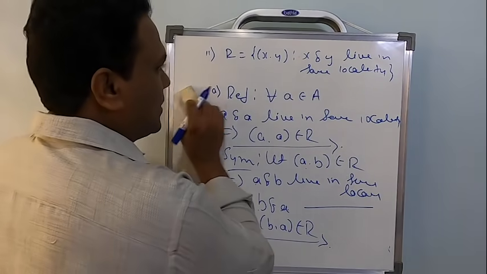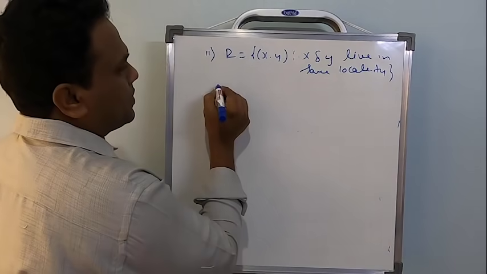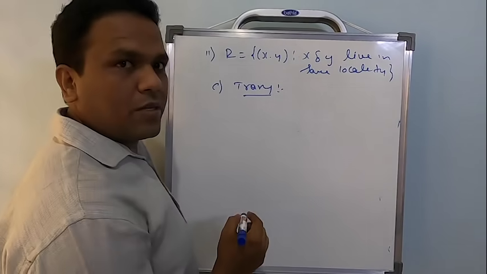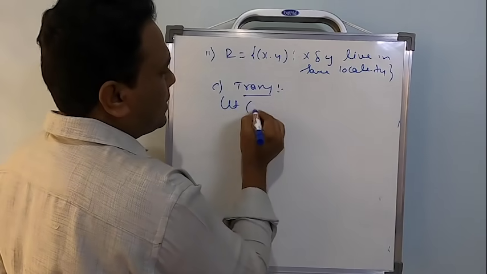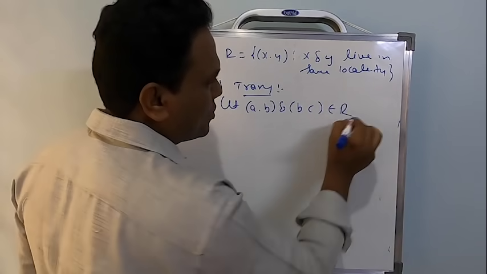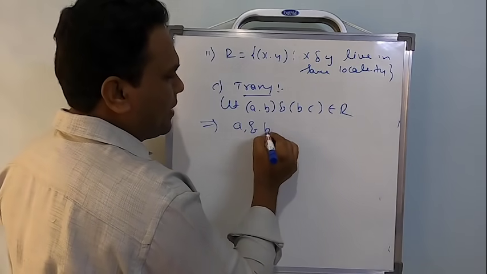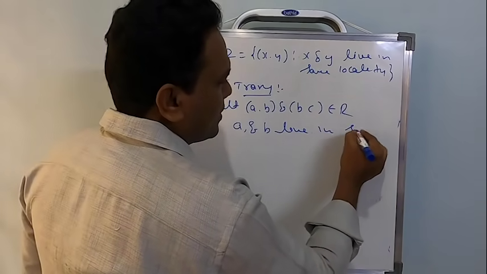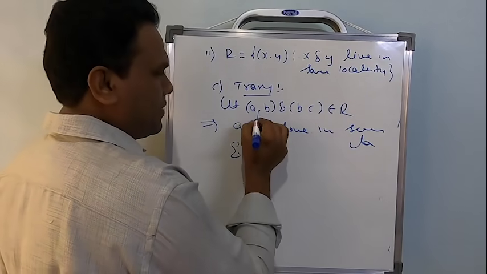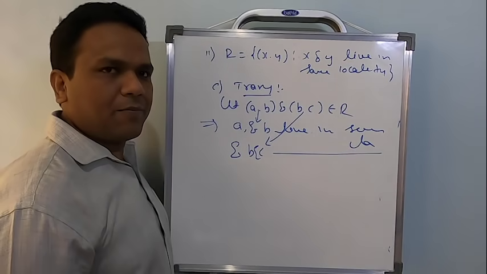Now let's go to the next one. The next we have to discuss is transitive. So the transitive says you have to start by considering A comma B and B comma C belongs to R. So this says that A and B live in the same locality, and also B and C live in the same locality.